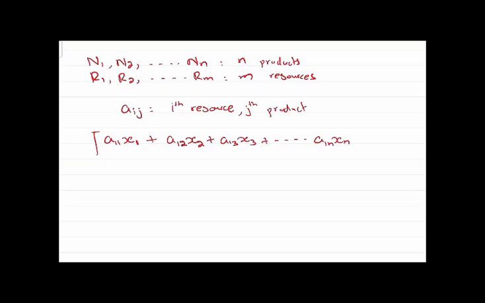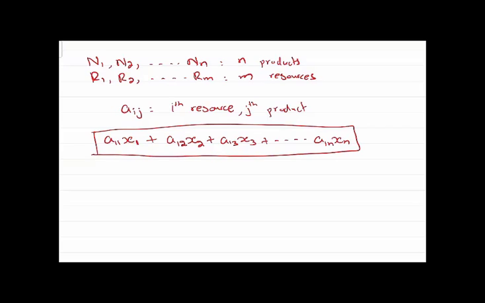So this is the total amount of the first resource required by the company to make their end products.